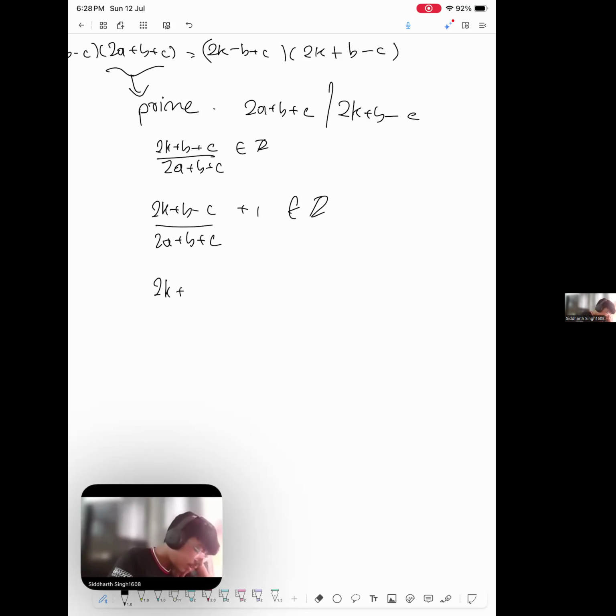So we would have that 2k plus 2a plus b is divisible by 2a plus b plus c.